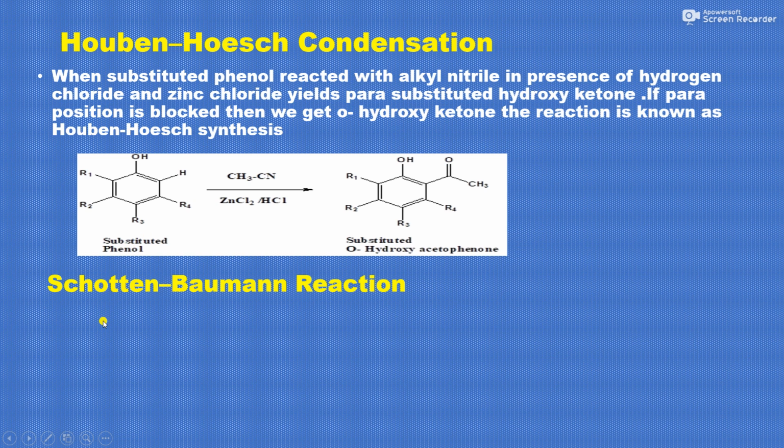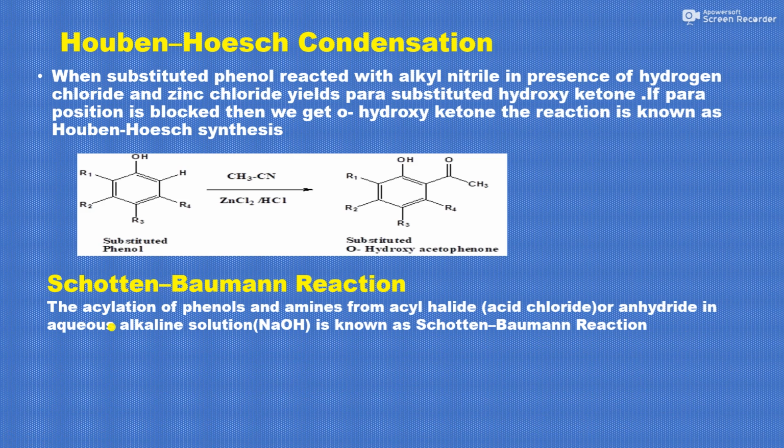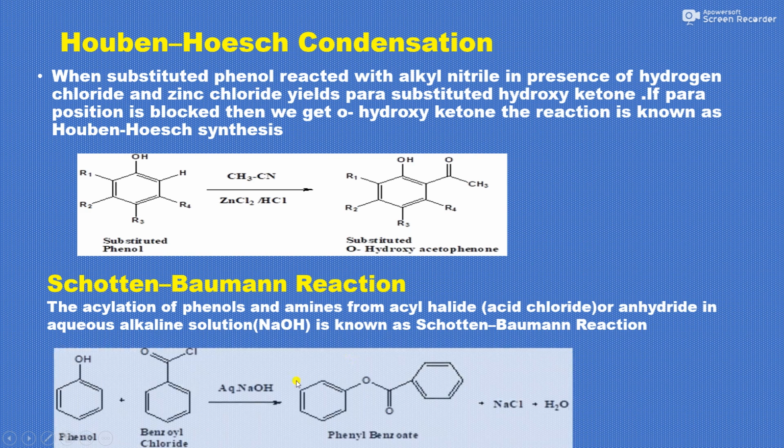Next reaction is the Schotten-Baumann reaction. So what is meant by the Schotten-Baumann reaction? The acylation of phenols and amines from acyl halides, acyl chlorides or anhydride in aqueous alkaline solution of NaOH is known as the Schotten-Baumann reaction.